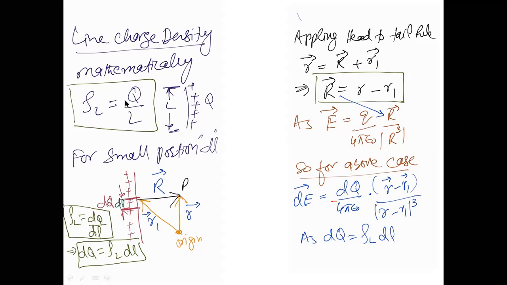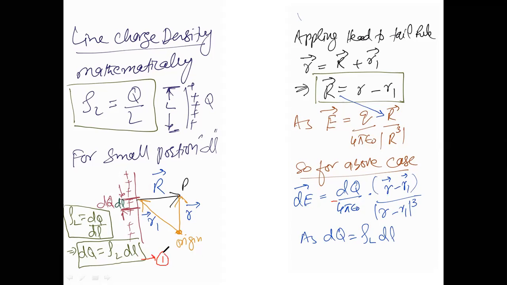For the small charge we have dq, and for the small length we replace it by dl. I have mentioned these variables over here. By cross multiplication we have dq is equal to rho l dl. We will use this equation later on.